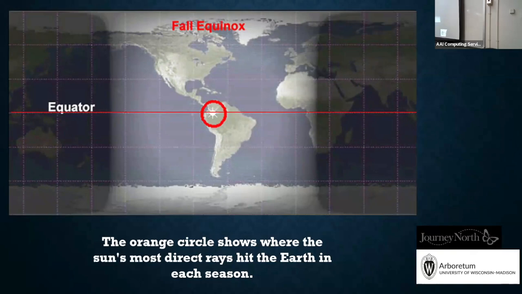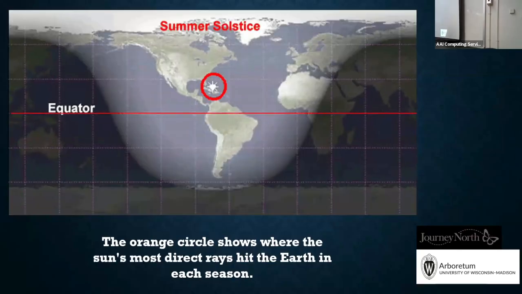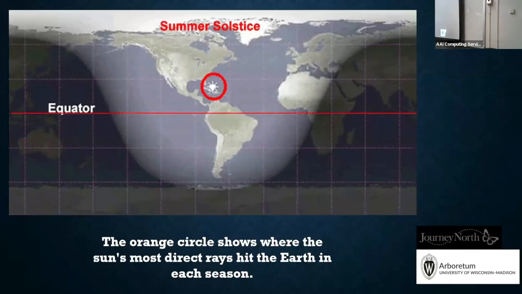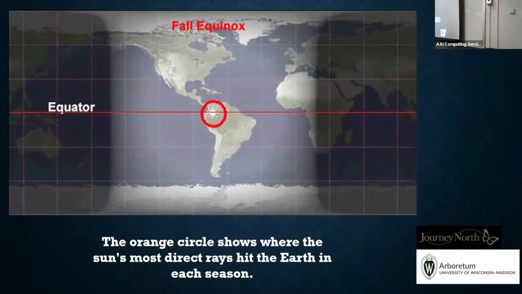He put a stick in the ground, calculated the length of the shadow, and therefore the angle, and measured it against no shadow there. He was able to estimate to within, we're not quite sure because of the unit of distance he used, but to within 85 or 95% of the correct value.